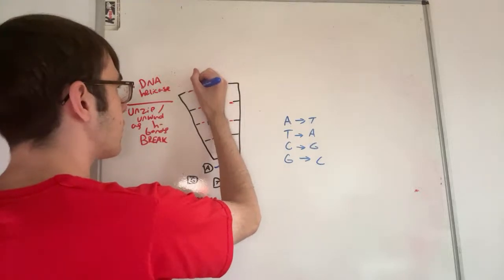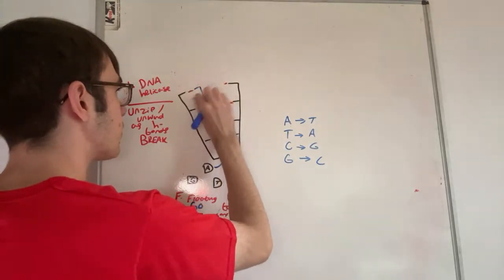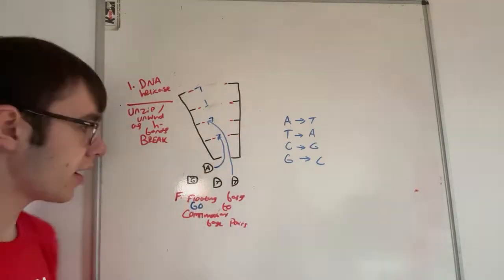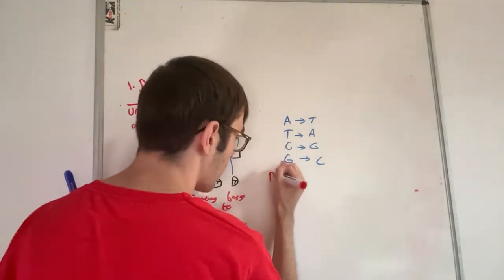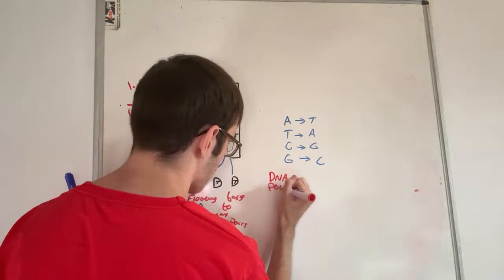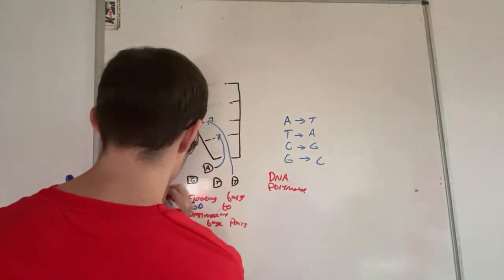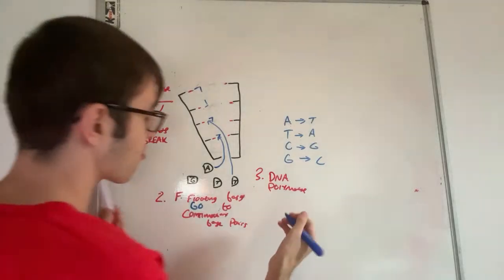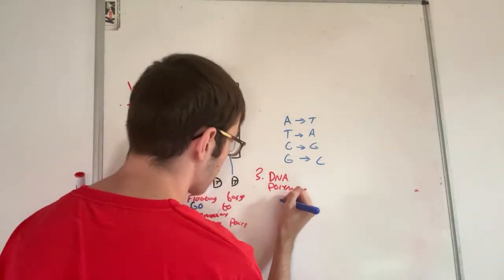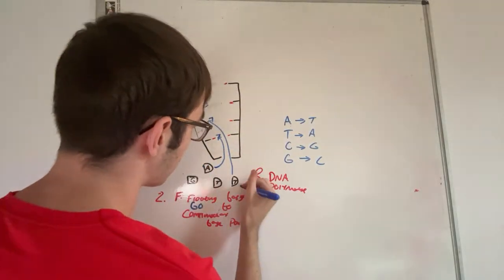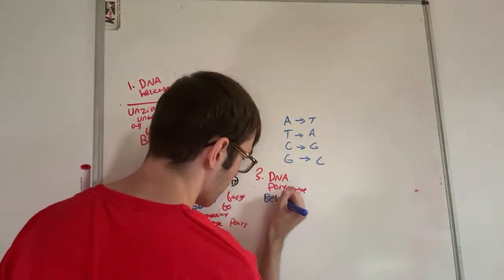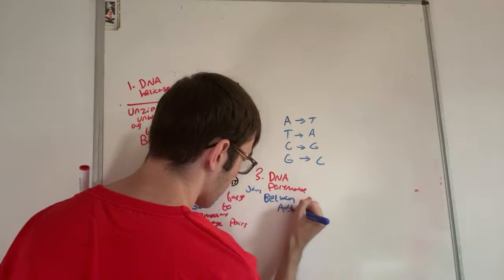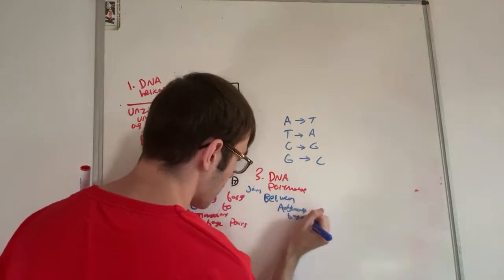Then, once we have all of these together, we then have the action of DNA polymerase. What this does is it creates the phosphodiester bonds between the adjacent bases. Okay, hold on.